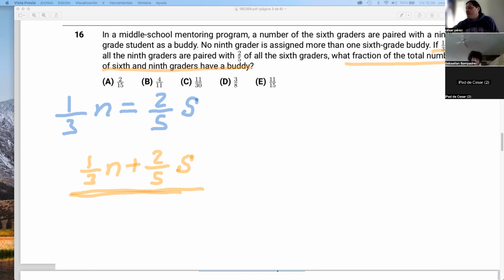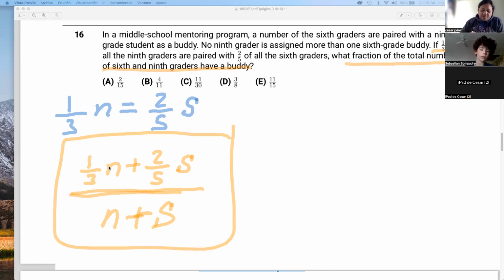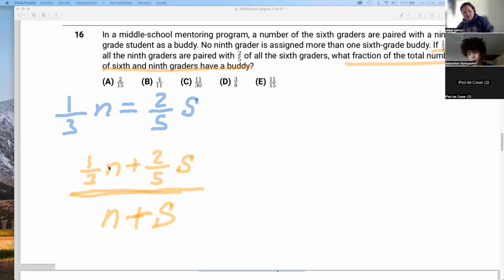This is the total of the students that will be paired, that will have a buddy. Okay. But the total students are N plus S. So we'll need to simplify this expression. How can we do that?